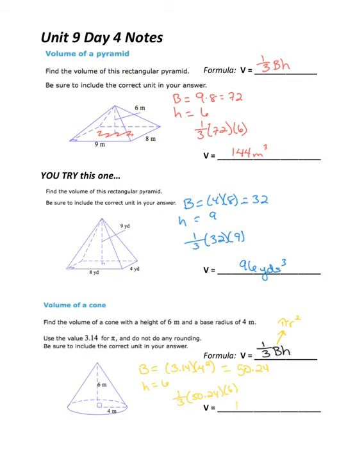Alrighty, that's 100.48 meters cubed. It says, do not do any rounding. So you see how we did that? The formula is the same. It's very simple. You just have to remember the 1/3 part. Let's go to the next page.